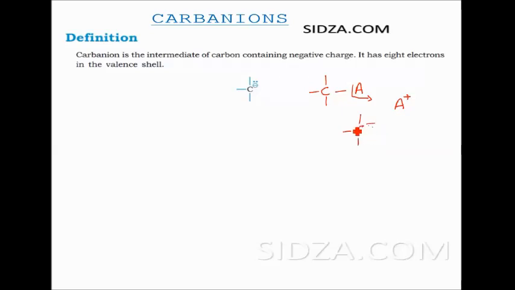So this is a heterolytic bond fission which occurs here, and the carbon with negative charge is called a carbanion, and it's a very common intermediate in most of the organic reactions.